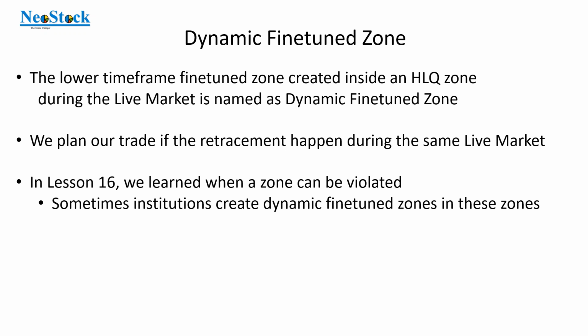And what happens? Maybe the same zone will be retraced back during the same live market, and we get a trade opportunity in the zone. But what are we doing? Because we think the zone will be violated, we just ignore it during the live market. We never look into that zone to see what's really happening. Your focus will be on the other zones that you already planned your trade in.